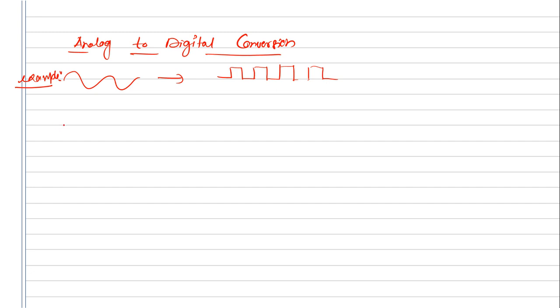Now in the real-case scenario, a device called a codec, which is coder and decoder, transforms the analog signal to a digital signal.